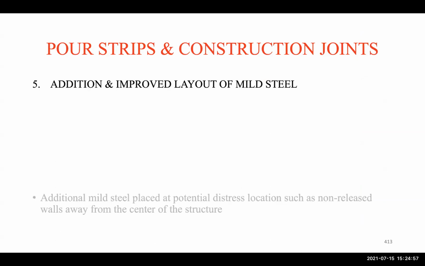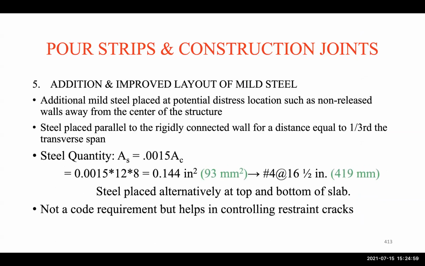And then additional improved reinforcement. So basically the steel quantity that can be placed parallel to a rigidly connected wall for a distance of 1/3 of the transverse span. So 0.005 times the area of the concrete. So whatever width we have times the thickness of the slab.